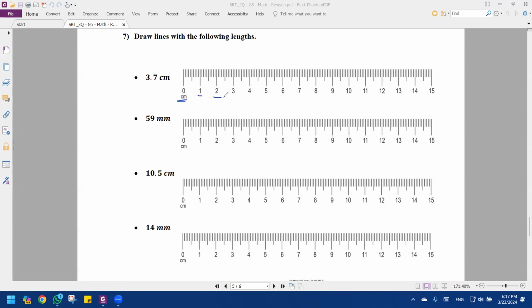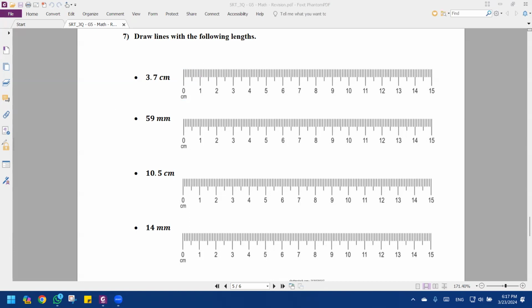This is 1 centimeter, 2 centimeter, 3 centimeters. But when I say millimeter, millimeter are those small dashes here. So each 10 millimeters is 1 centimeter. Each 10 millimeters will make 1 centimeter. Another 10, 1 centimeter. So first I need to draw 3.7 centimeter.